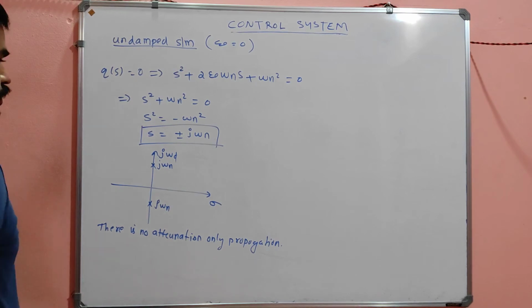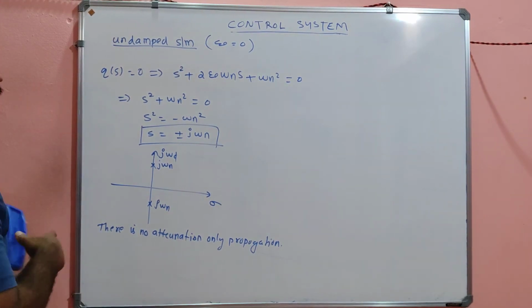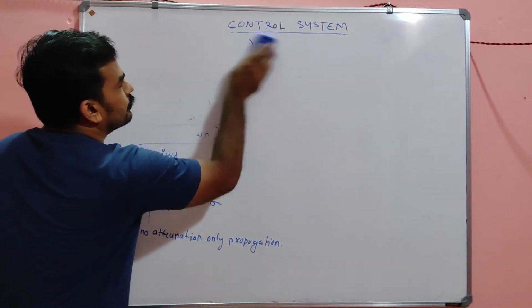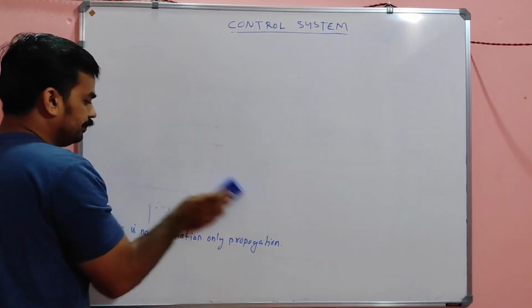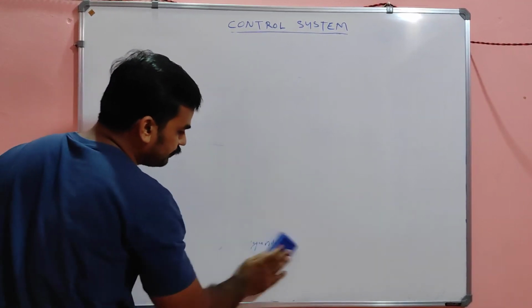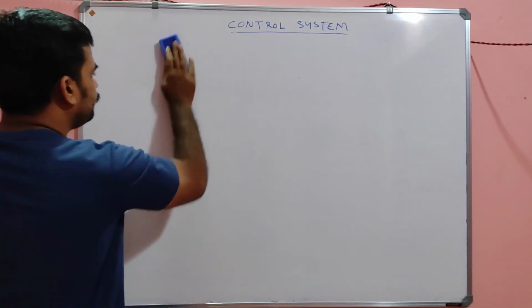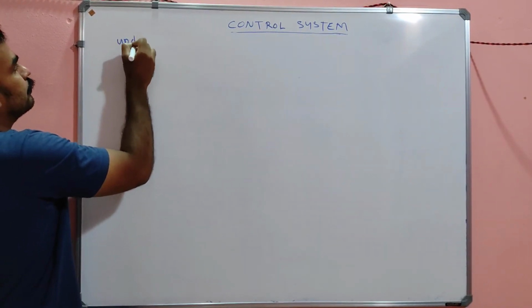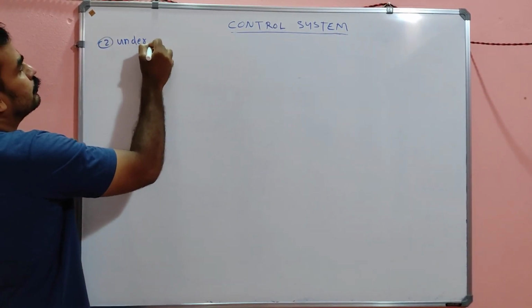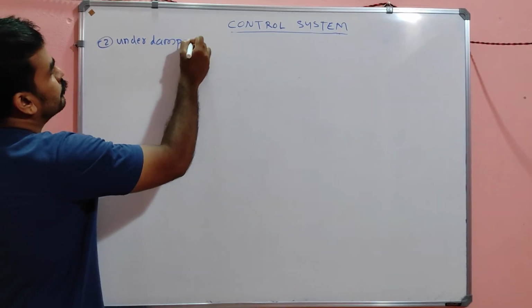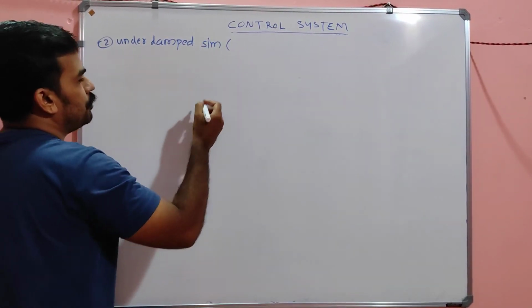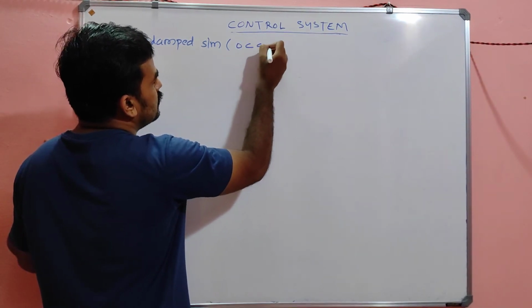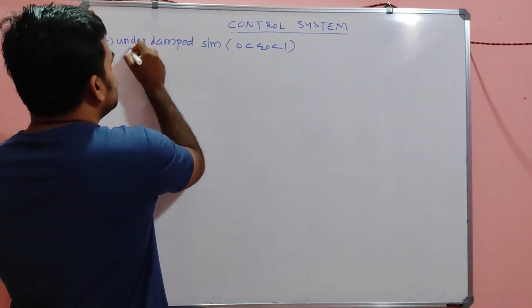Next, underdamped system. Underdamped means, my dear, theta less than 1, or 0 less than theta less than 1.